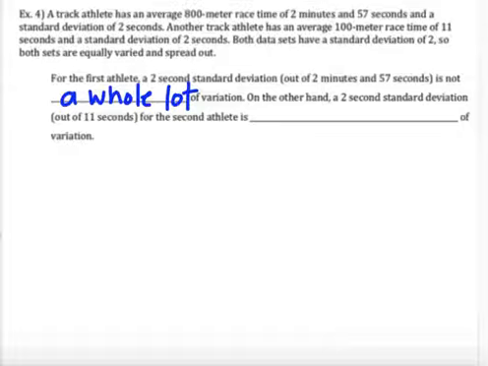On the other hand, a 2-second standard deviation when your average time is 11 seconds, 2 seconds compared to 11 is quite a bit. 2 seconds on 11 seconds is quite a bit of variation. 2 seconds on 2 minutes, almost 3 minutes, is not.